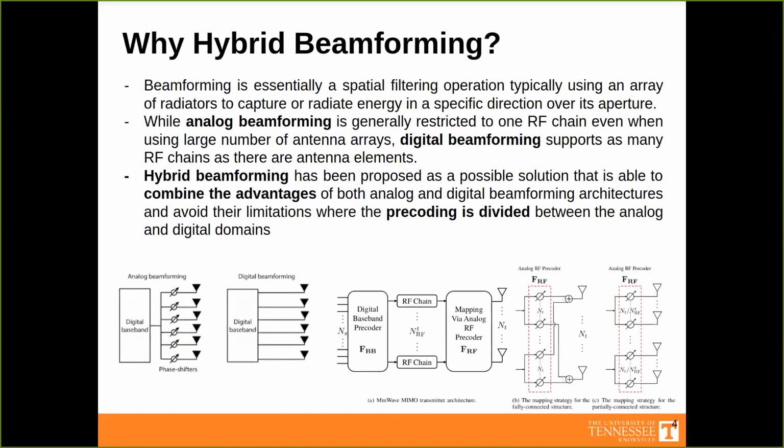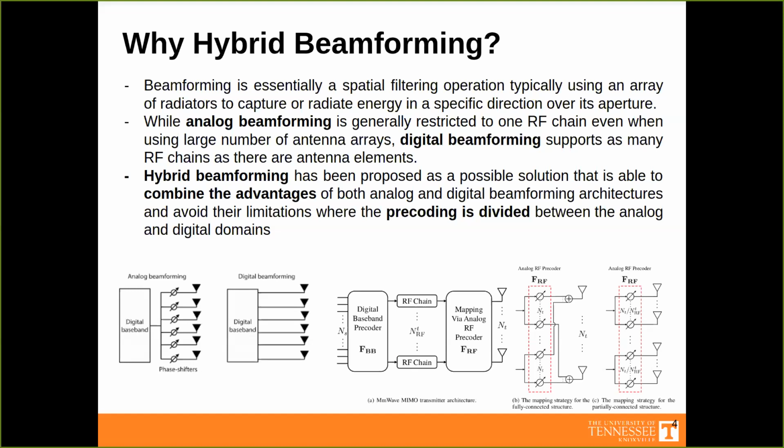So first of all, why do we use hybrid beamforming? There are many reasons to select hybrid beamforming. There is basically analog beamforming, where we have only one RF chain, even if we have a large number of antennas, which gives us only a limited amount of spectral efficiency, or utilization of the spectrum.